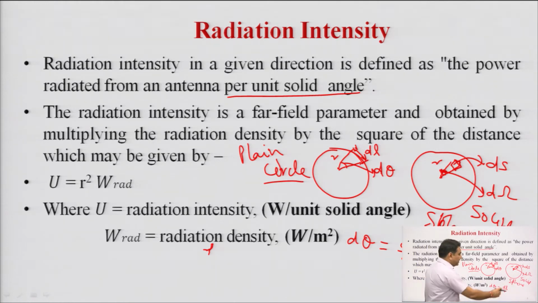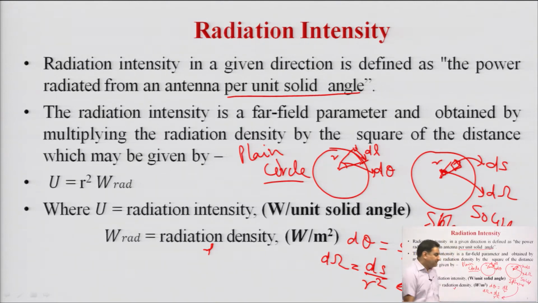In the same way, in the case of solid, we can define that this d omega is equal to ds upon r square. This is the difference between the plane angle and solid angle.